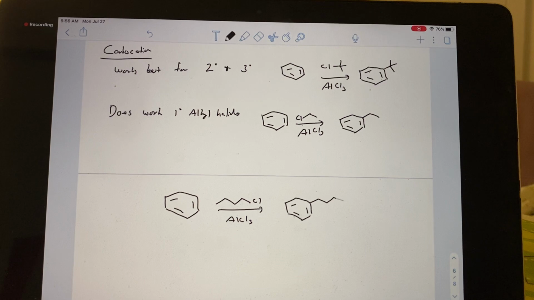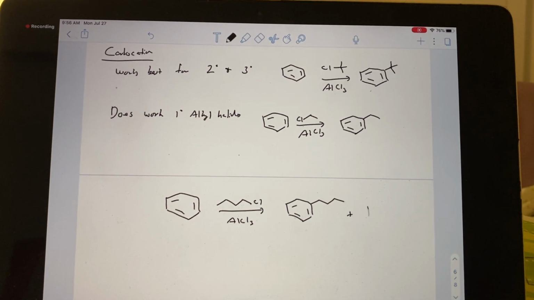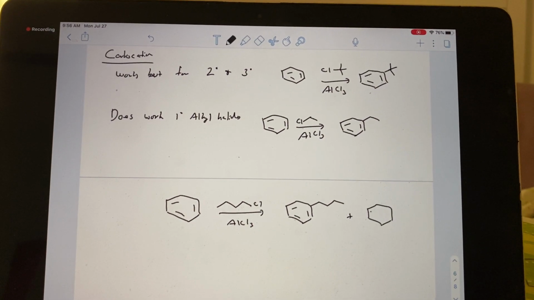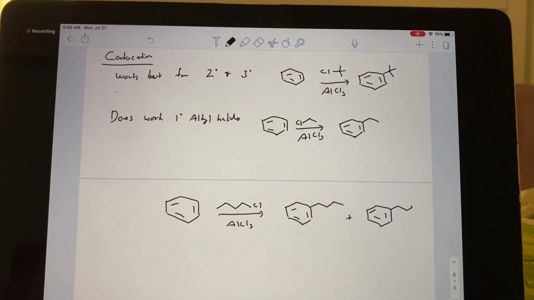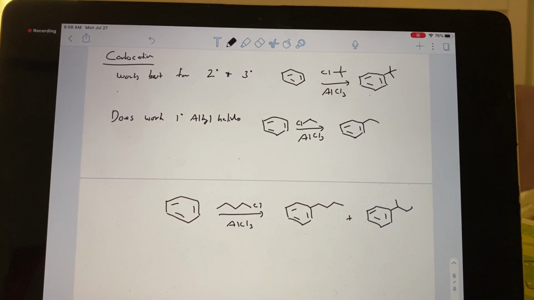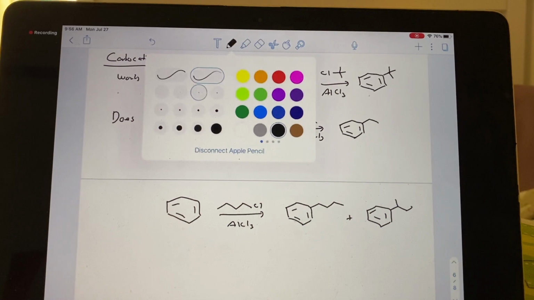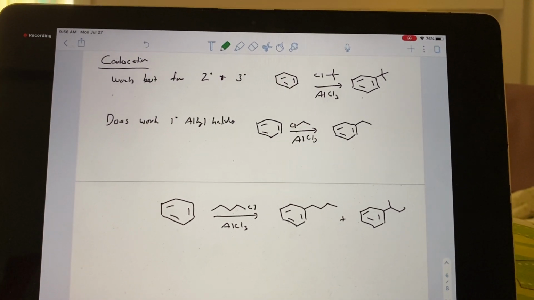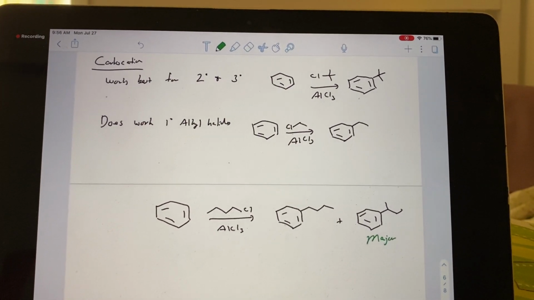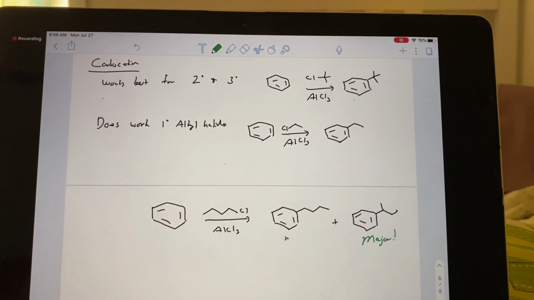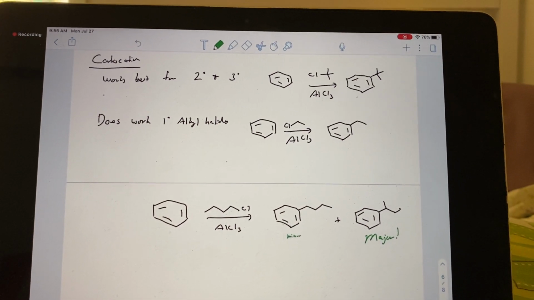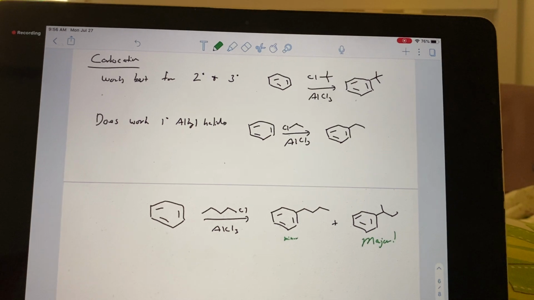You end up with this plus this. So two alkyl substituted benzenes, and this one is the major product, and that one happens to be the minor product.